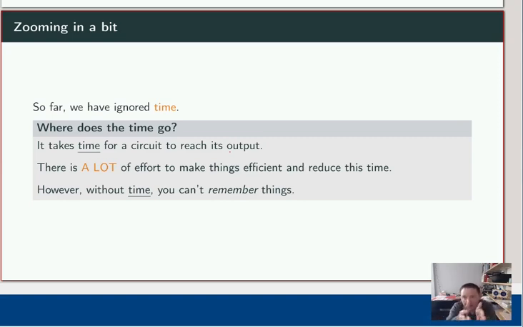If we really zoom in on the chips themselves, and you would see this maybe in a circuits class or a digital logic class, when you start looking at the labs, these chips don't flip instantly. There is still a time that it takes for them to change their value.